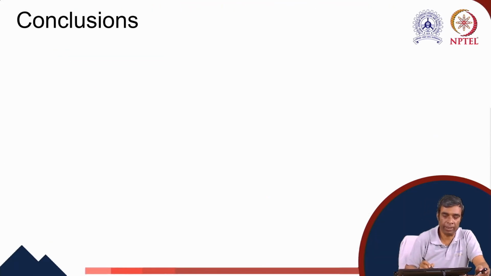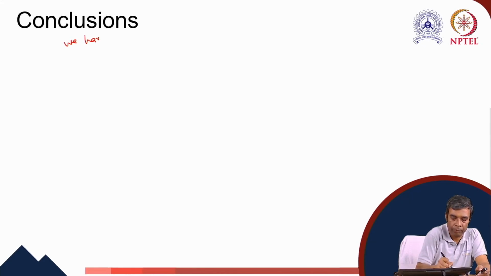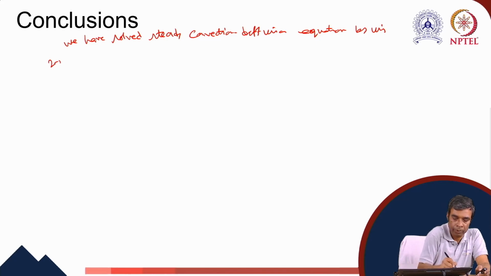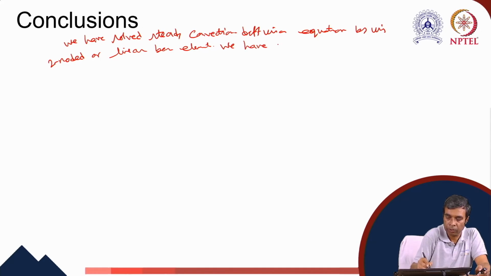So I conclude today's class here. We have solved steady convection diffusion equation by using two-noded or linear bar elements. We have considered two values of Peclet number, PE equals to 1 and 5.